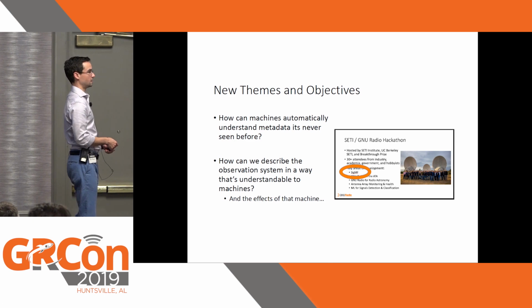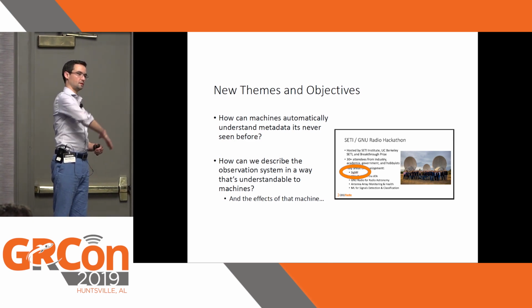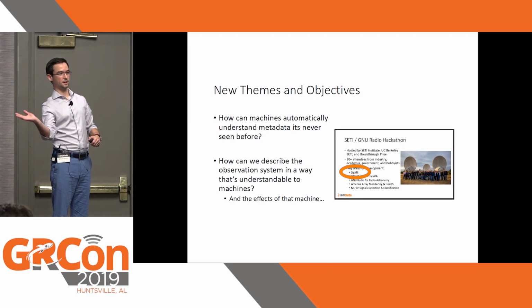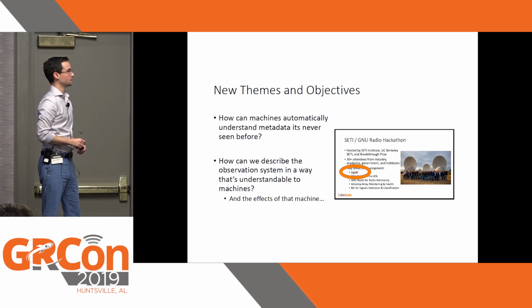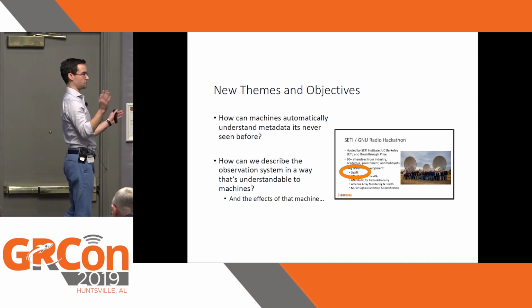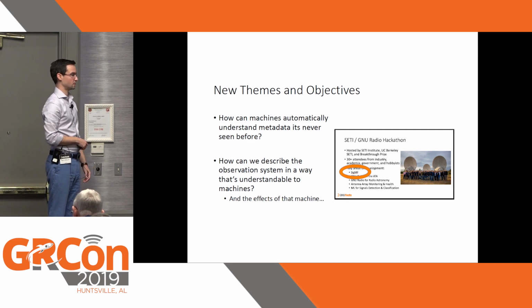And let's say the array is tracking a satellite pass, right? So you have 42 dishes that are moving as you're recording this data. And all of those dishes have a lot of different things going on, right? They're cryogenic, right, apertures. There's a lot of different types of information there.